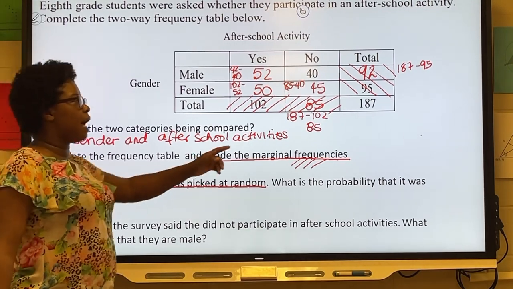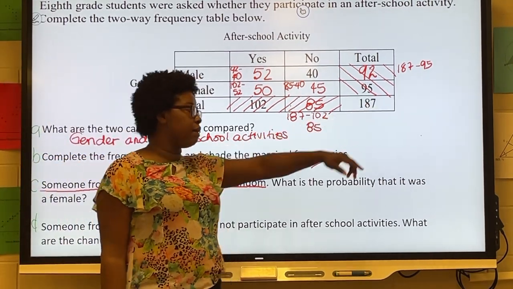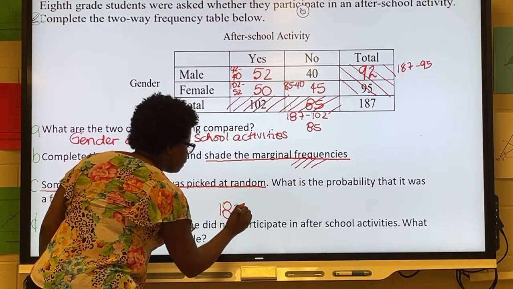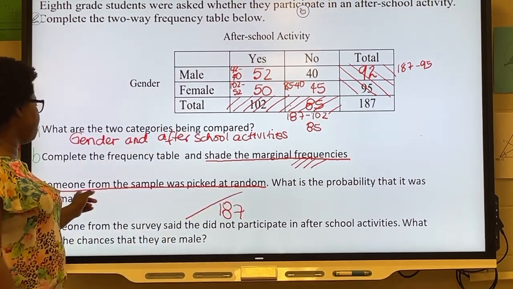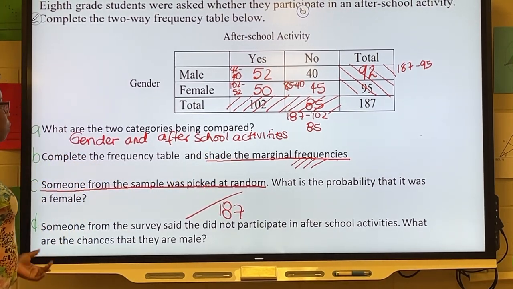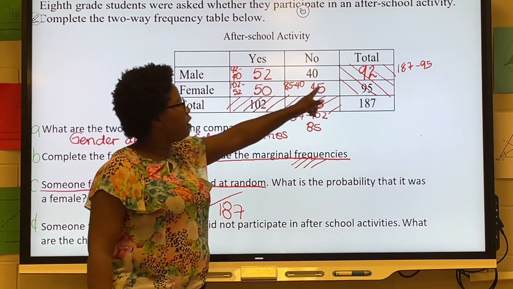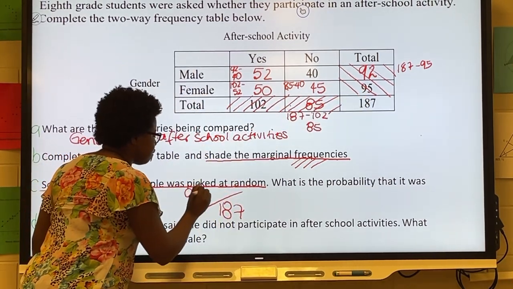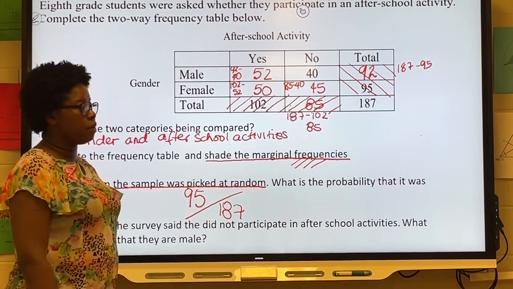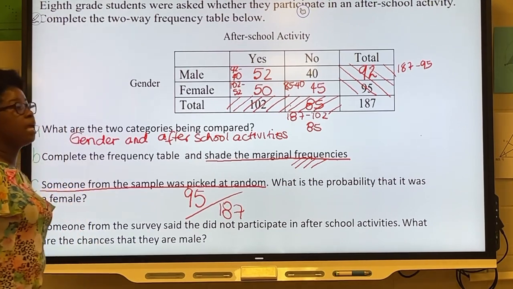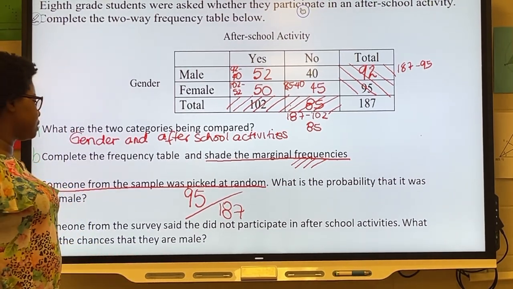The sample has a total of 187 people. So if someone was picked, they'd have to be picked from the 187. So what is the probability it was a female? Total females represent 95. So it's 95 out of the 187. You can leave your answer as a percent, a decimal, or a fraction, depending on what your teacher wants.